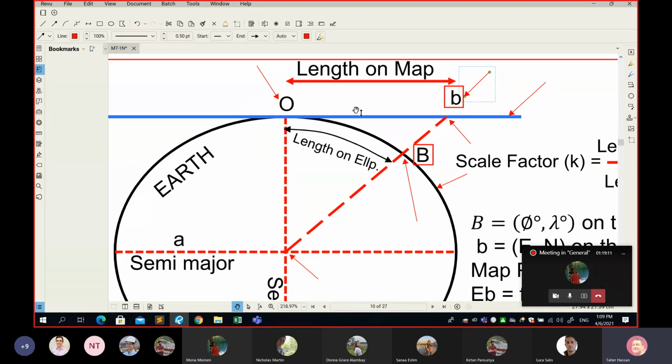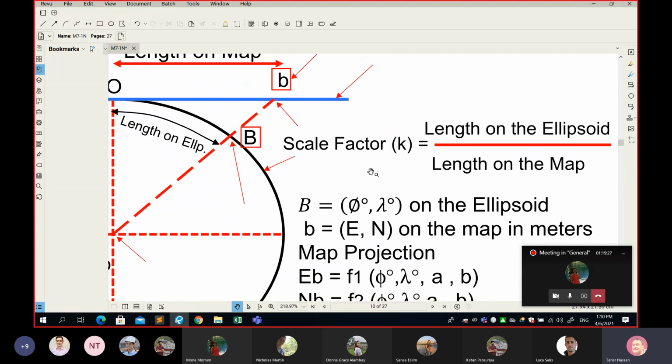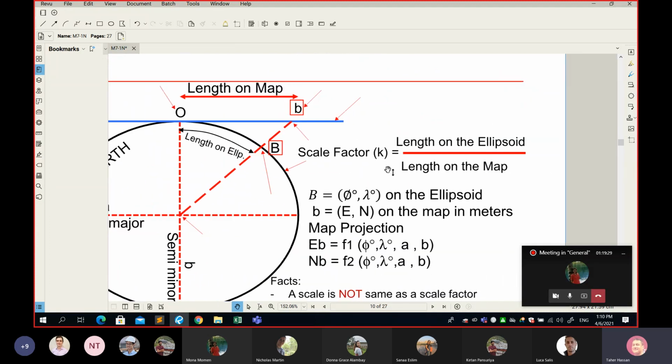Yes. Okay, I'm asking you, is the distance between O and B on the map the same as the distance between O and B on the ellipsoid? No, it doesn't stay the same. There is some distortion, and we want to quantify it. We want to define a term that defines how much distortion took place.